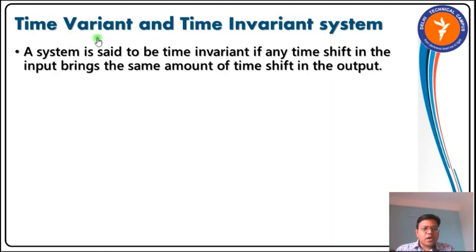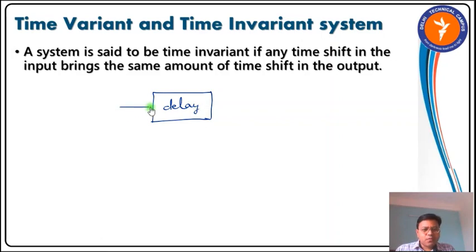To have more understanding of this time variant and invariant system, let us first have a bit of detail over the delaying and advancing of the signal. So we have a system which is acting as a delay.